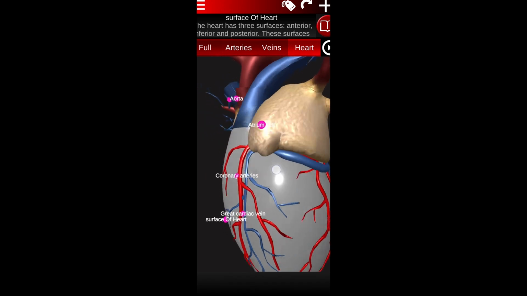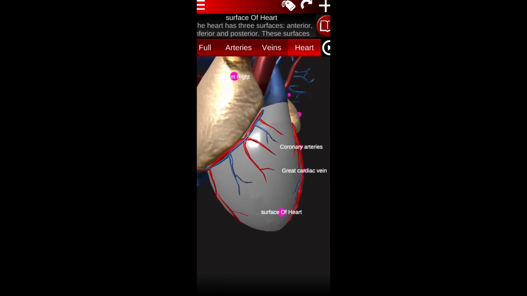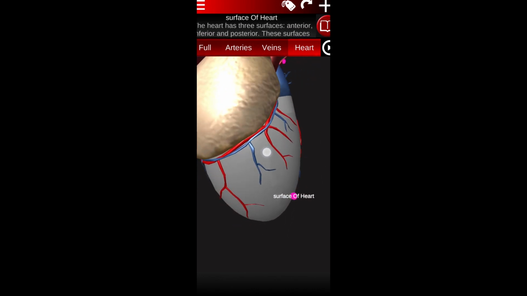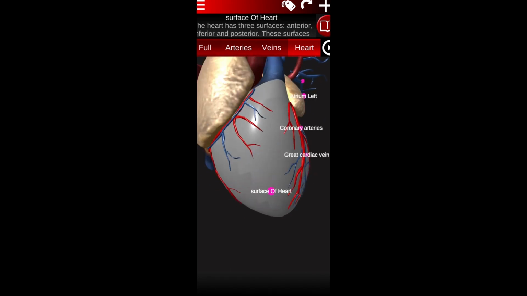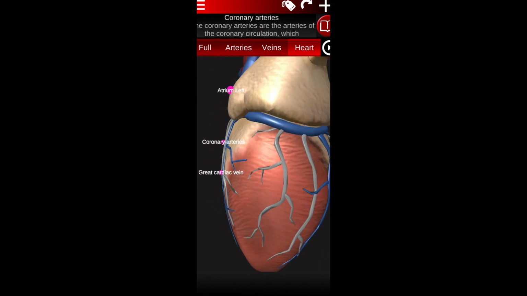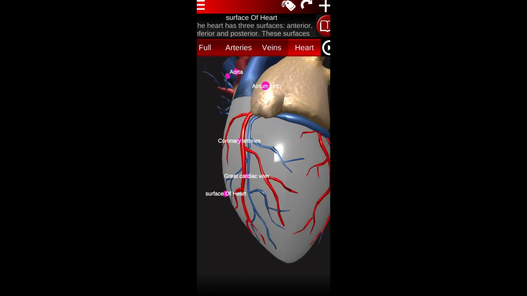Then here you can see the right coronary artery, which originates from here, and ultimately it moves along, making a circle. This is called the circumflex branch of the right coronary artery. Similarly, on this side, there will be the circumflex branch of the left coronary artery.